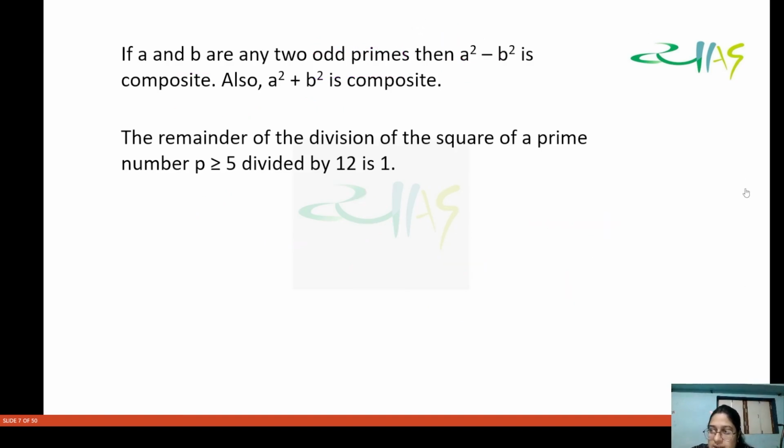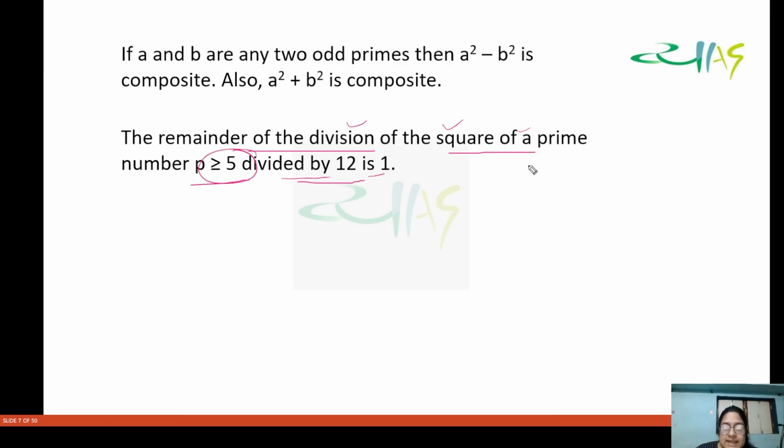Now let's move forward. Now see, the remainder of the division of the square of a prime number p greater than 5 divided by 12 is 1. Okay. Now what this is saying is that the remainder of the division of the square of a prime number p greater than 5 divided by 12 is 1.